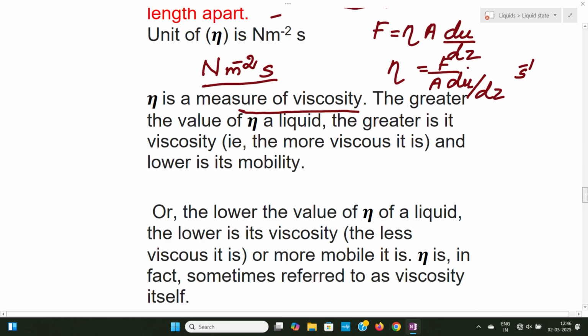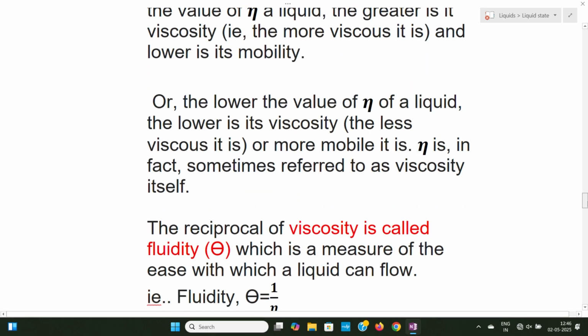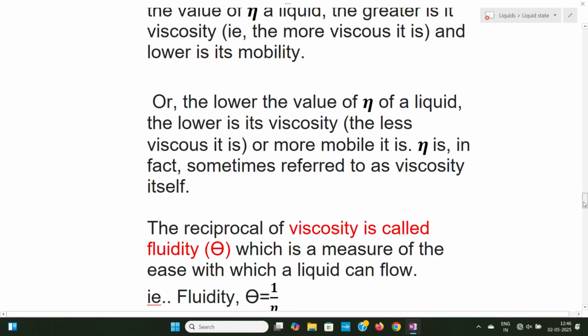Or we can say that the lower the value of the coefficient of viscosity of a liquid, the less viscous the liquid is and the more its mobility. Okay, I hope you understood the coefficient of viscosity.